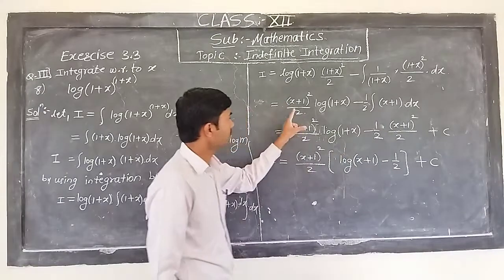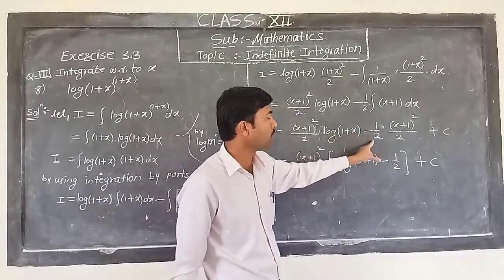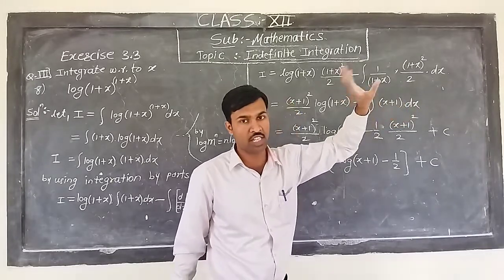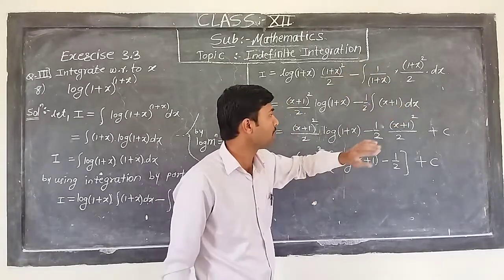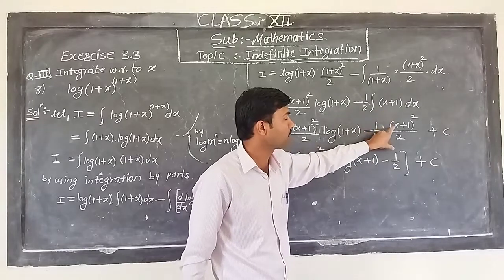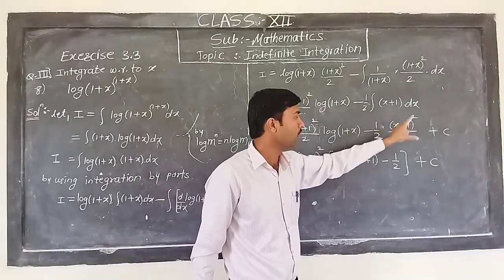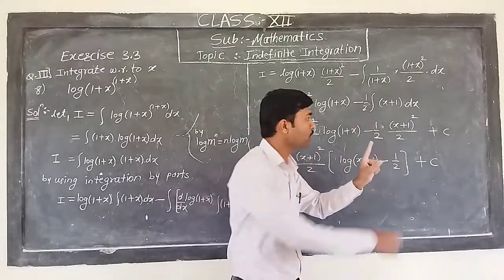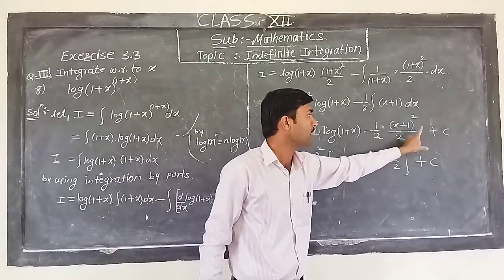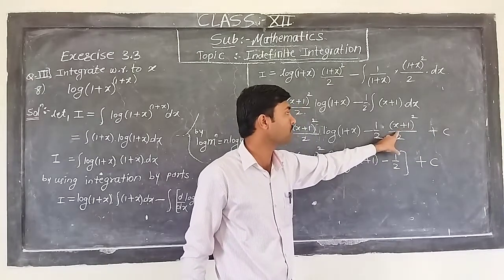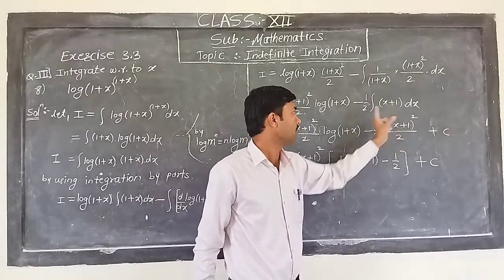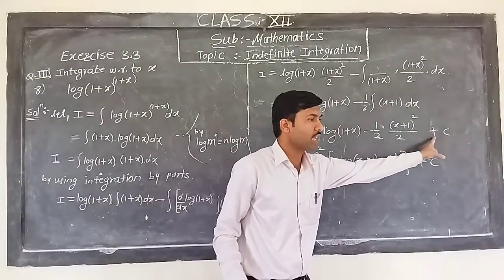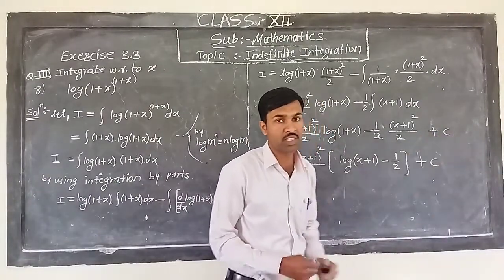This first term remains as it is, minus 1 by 2 into the integration of the same, (x plus 1) dx. Using the same formula, we get (x plus 1) raised to the power 2 upon 2, since the derivative of x plus 1 is 1, so after multiplying by this 1 no change will happen. As all our integration terms are over, in addition we add the integration constant plus c.